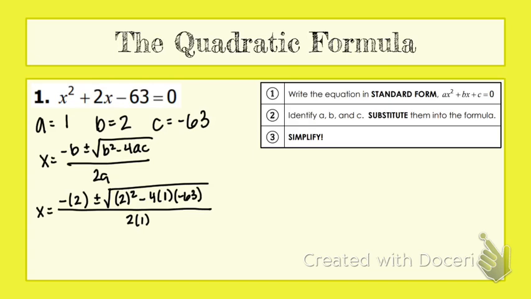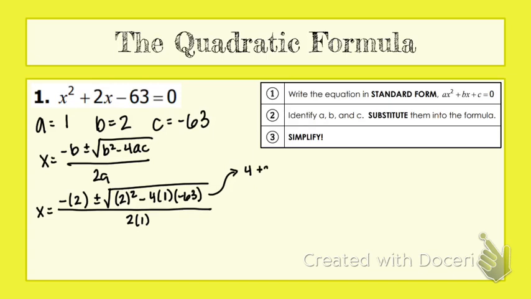So the easiest thing to do is to simplify the stuff under the radical first. And this is called the discriminant, and it will determine what kind of solutions your quadratic function has. And remember, the solutions are where the function crosses the x-axis. So 2 squared is 4 minus 4 times 1 times negative 63 is going to give us negative 252.